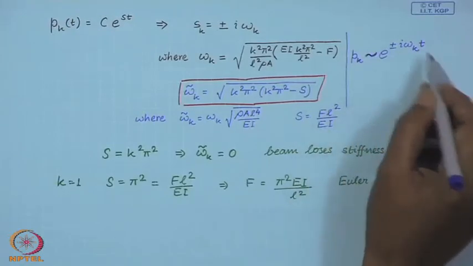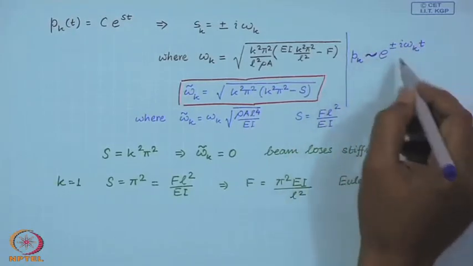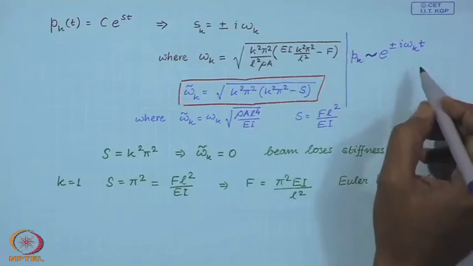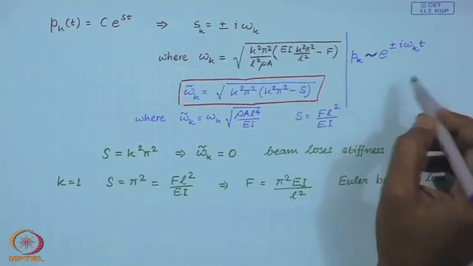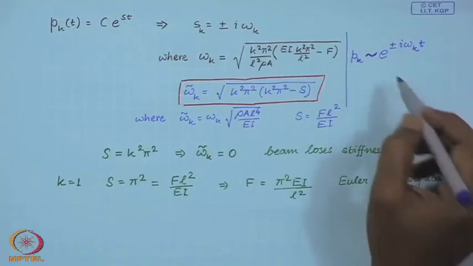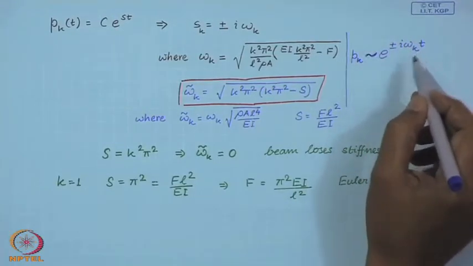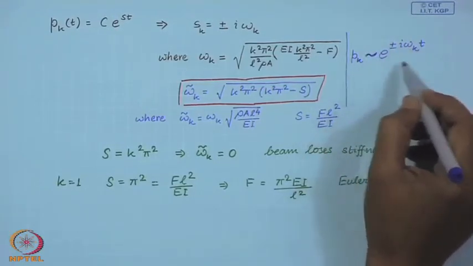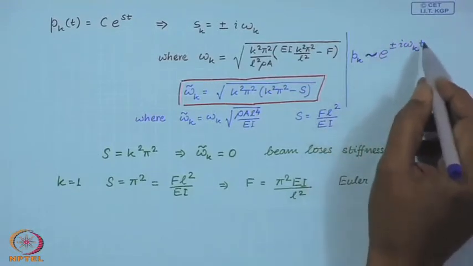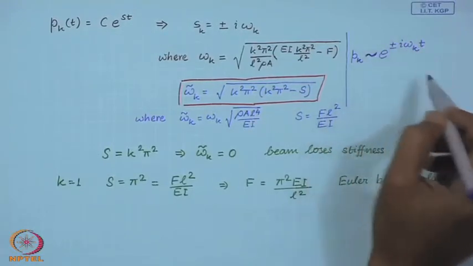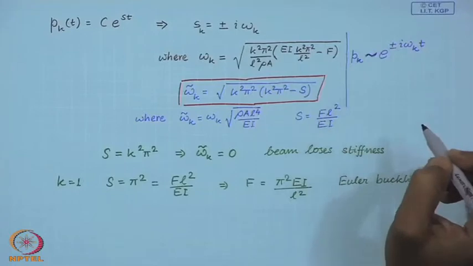So, the temporal variation of these solutions is like exponential i omega k t, which means these are harmonically varying. Now, when omega k goes to 0, it loses the temporal nature. So, this is neutral stability.